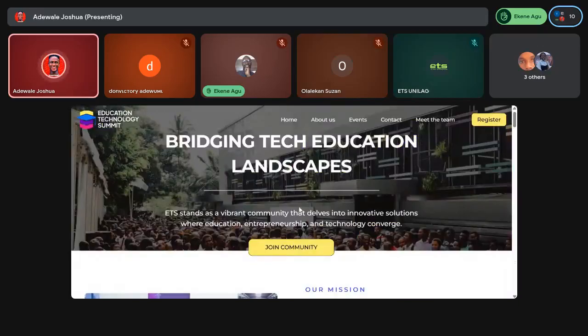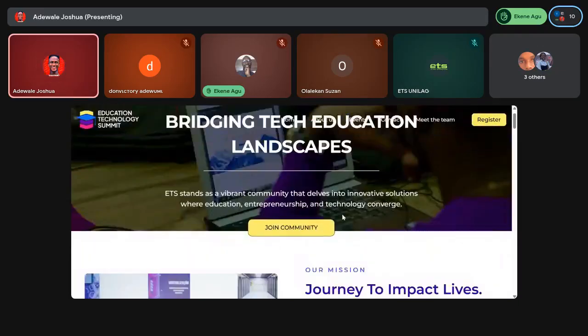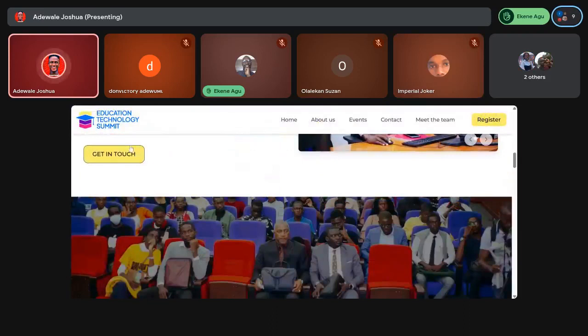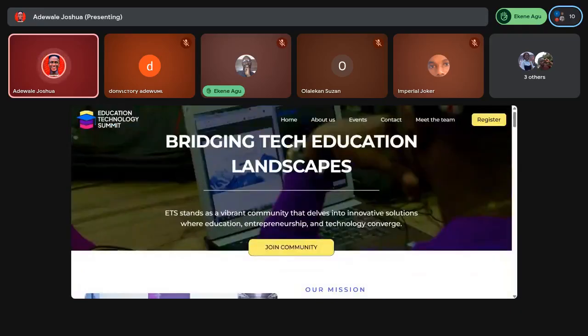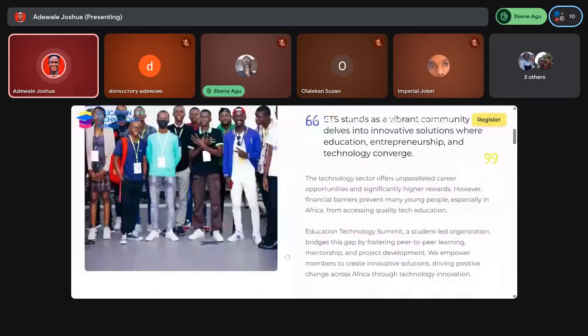Now the consistency. Look at the join the community button. It has a yellow background. Then look at the one here, yellow background. Then look at the get in touch button, the consistency. And look at the curved part, consistency. It's not that we have a rectangular part where the edges are not curved, or we just have it straight.